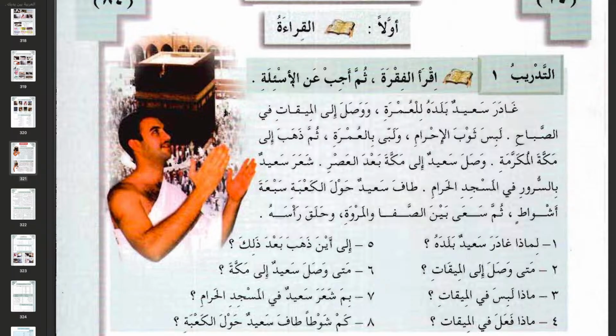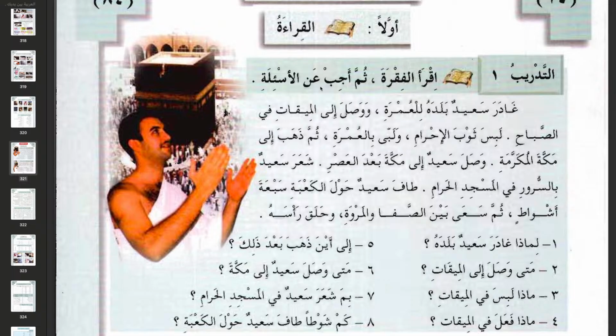Don't think English. Remember, we just said ثم أجب عن الأسئلة. This word is used with the preposition عن. In English we say he answered the question, straight. But in Arabic we will say Ajib anil as'ila.